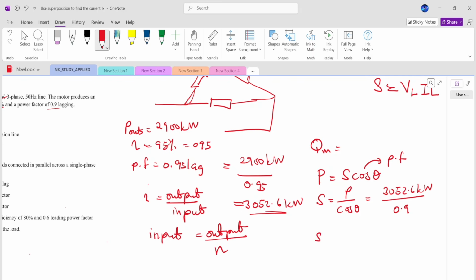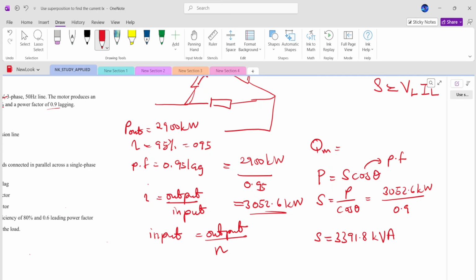It means our S, the apparent power, is going to give us 339.8, and this one is going to be in kVA.